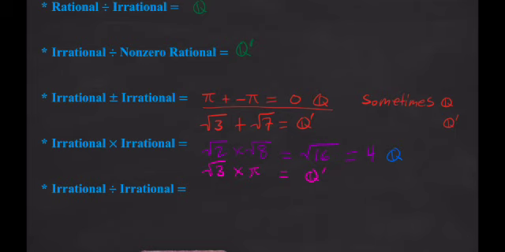Let's say we have 3e divided by negative 7e. Okay? They both have e in common. So let's get rid of them. Divide top and bottom by e. So this can be equal to negative 3 over 7. That right there is rational.